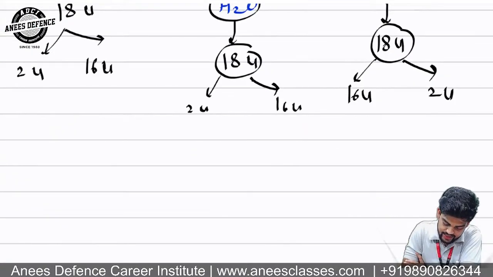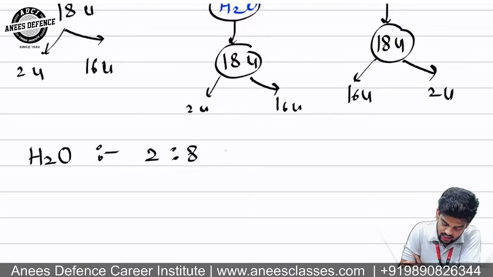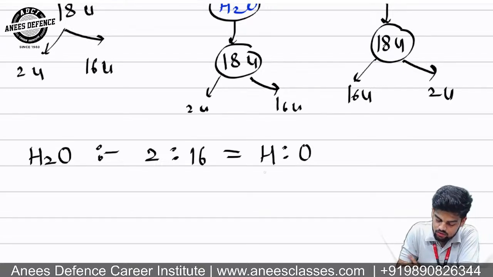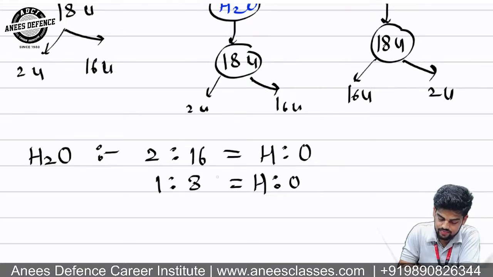This means we can say that water always contains hydrogen to oxygen in the ratio 2 to 16. If we simplify this, we get the hydrogen to oxygen ratio of 1 to 8. Similarly, take the example of carbon dioxide.